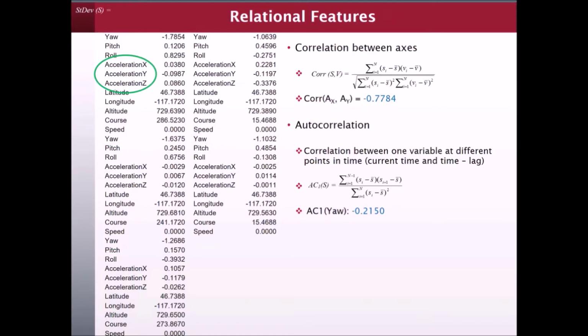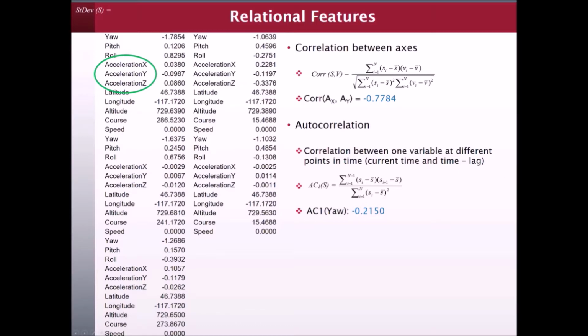Other features that we could consider for our feature vector are relational. They look at the relationship in values either between different features or between values of one feature at different points in time. So we may have some sensors that have multiple axes, such as acceleration in the X, Y, and Z directions.